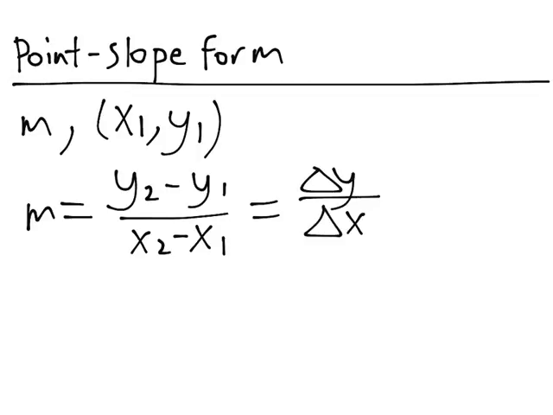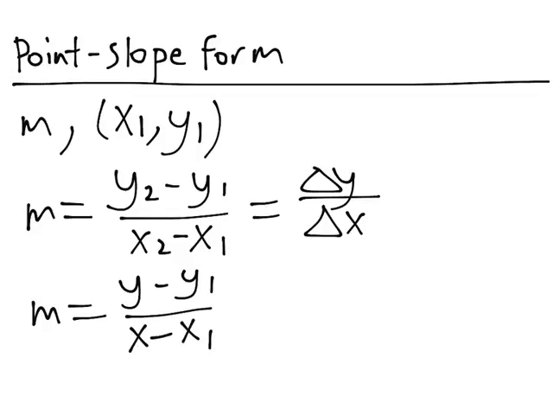But since this equation holds for any points x1, y1, and x2, y2, let's say that the first point is the x1, y1 we're given, and x2 and y2 are just x and y. Then we have m is equal to y minus y1 divided by x minus x1.